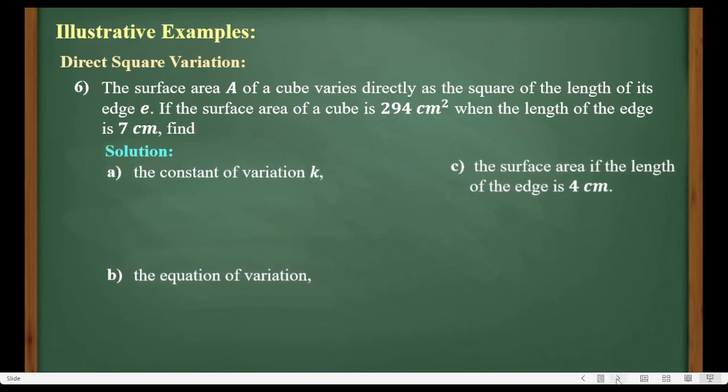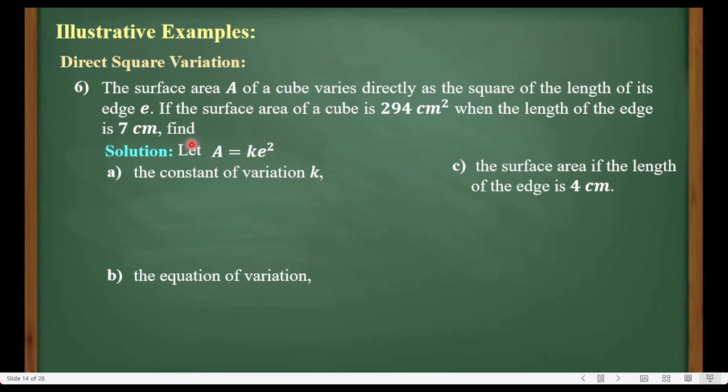Okay. So translate this statement. The surface area A of a cube varies directly as the square of the length of each edge, denoted by small letter e. So again, making use of k, the symbol k for the constant of variation, the equation is A is equal to ke squared.